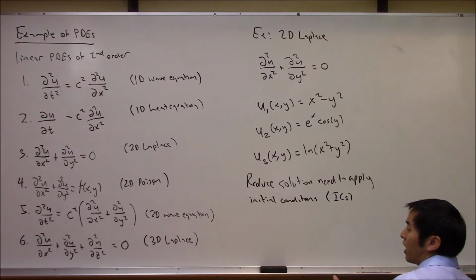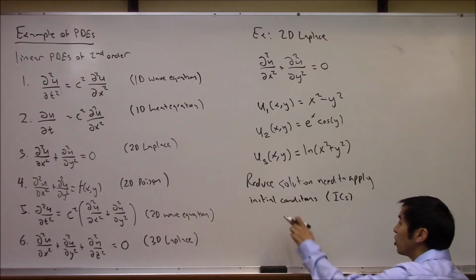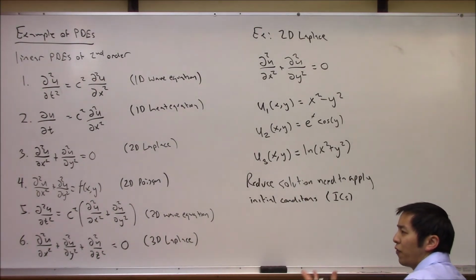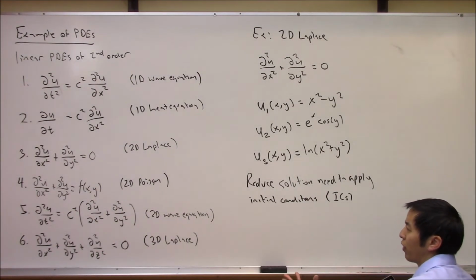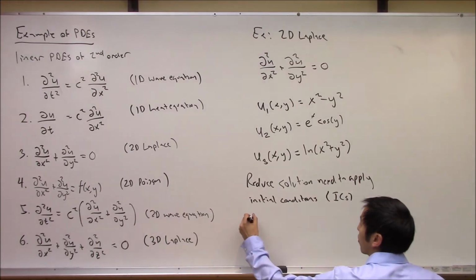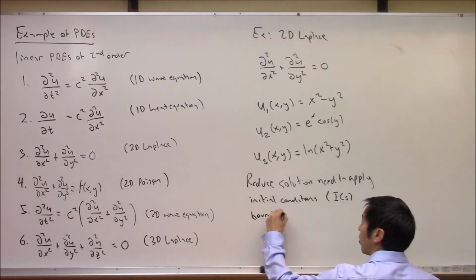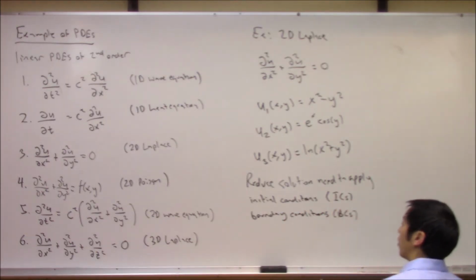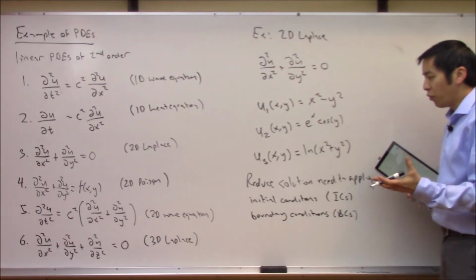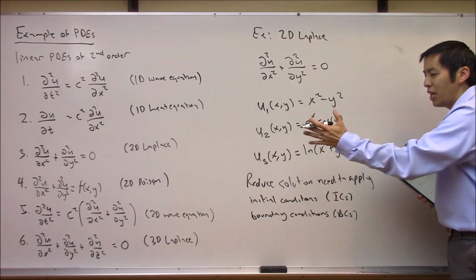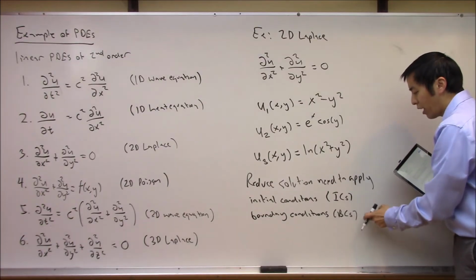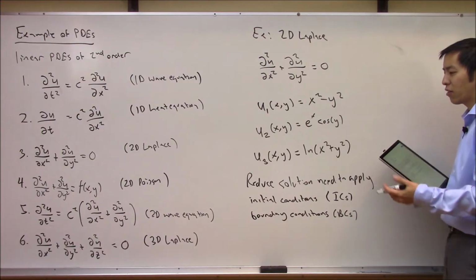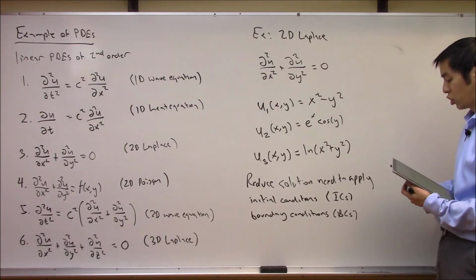In many cases, an initial condition, just by the name of it, seems to imply initial time, right? So we need to fix what happens in the temporal variable, but we're also going to have to apply probably what are called boundary conditions, or we'll call them BCs. So hopefully, if we now have the original PDE as well as some initial conditions and some boundary conditions, that will allow us to choke down the solution space and get something more like a unique situation here.